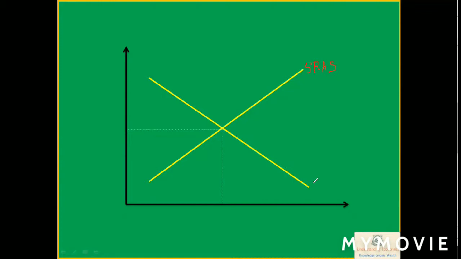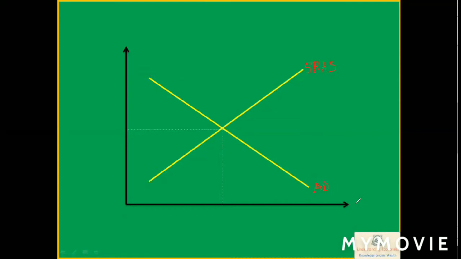Aggregate demand has 4 components: C plus I plus G plus NX, where C means consumption, I is investment, G is government expenditure, and NX is net export. So the AD curve, we have identified, is downward sloping.